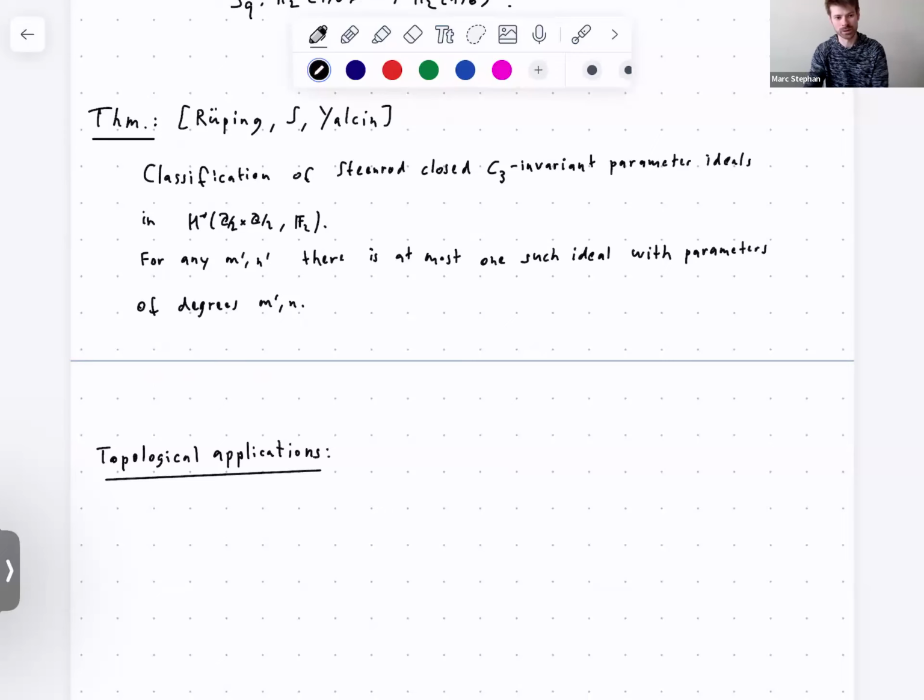And this has strong topological implications.